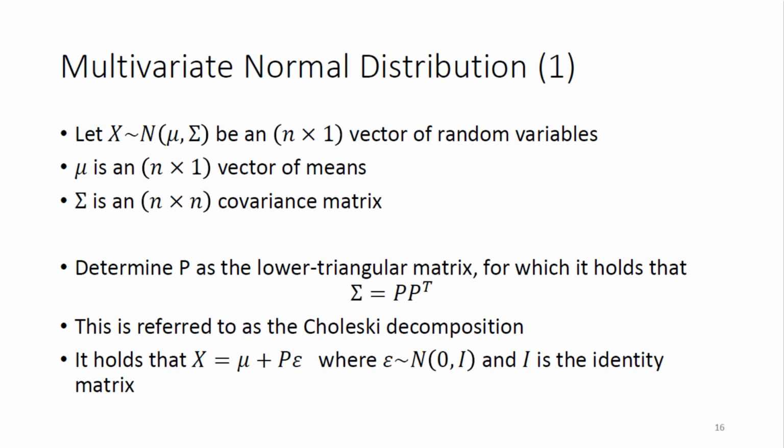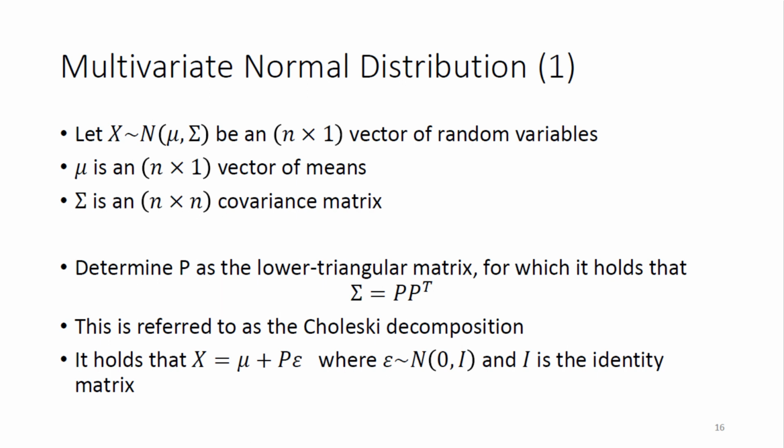To determine this matrix P, you apply what is called the Cholesky decomposition. I have an example a little bit later of how that works for a small matrix. So the first thing you need to do is determine the Cholesky decomposition of sigma.